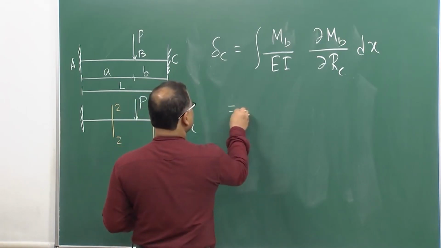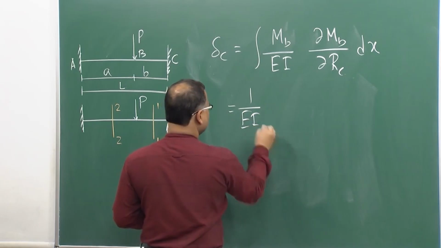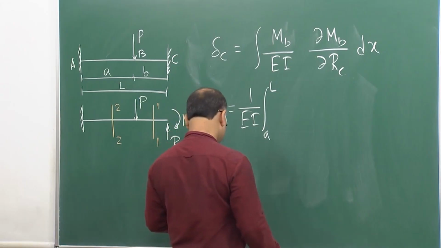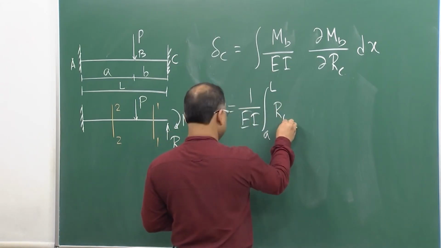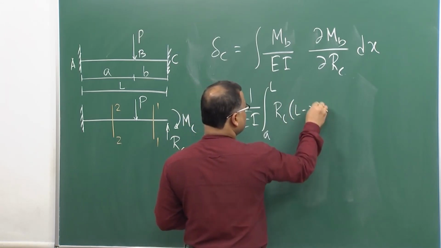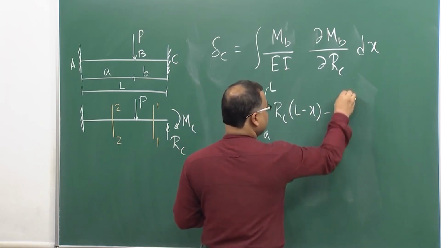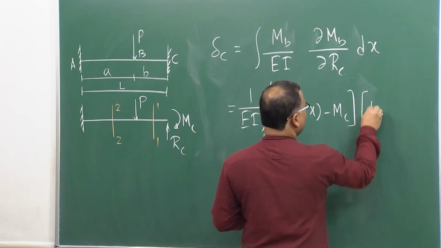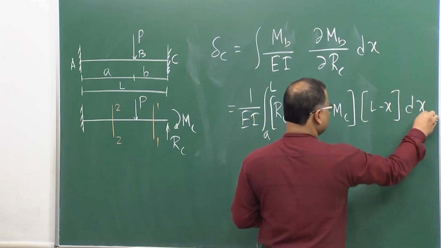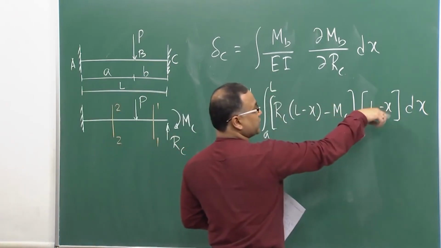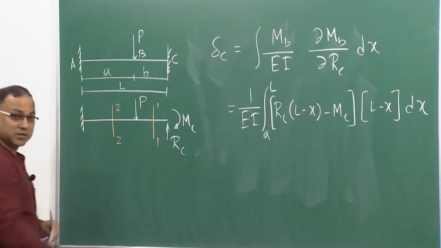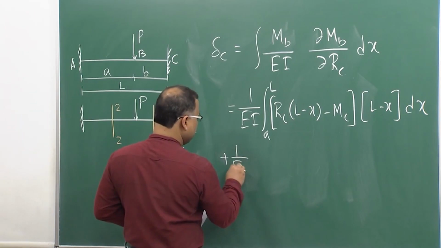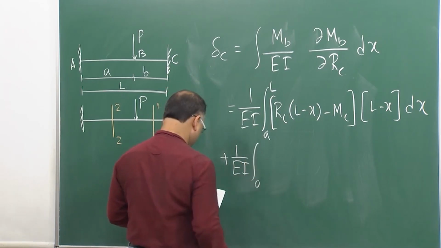Now we can write here 1 by EI, because EI is constant for the whole beam, from a to L, of RC into L minus x minus MC, that is coming from section 1, into L minus x into dx. Del MB del RC for section 1 is L minus x, which you can check from the expression of MB, plus 1 by EI from 0 to a.